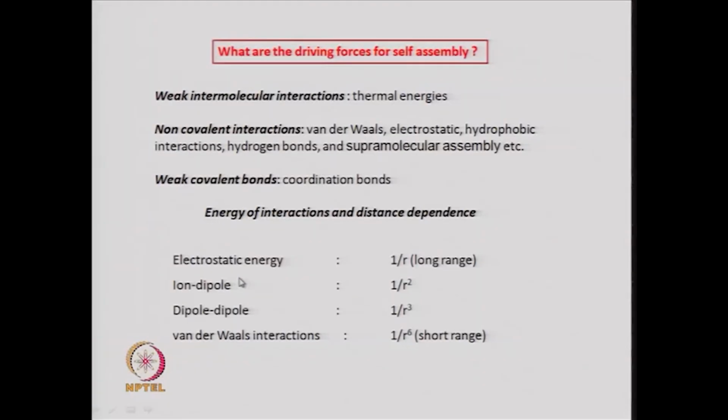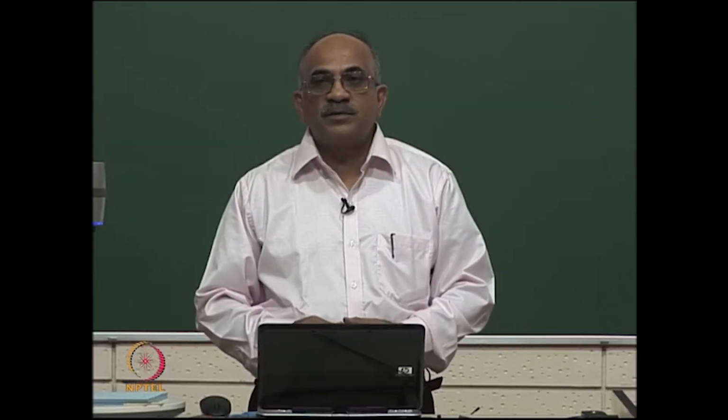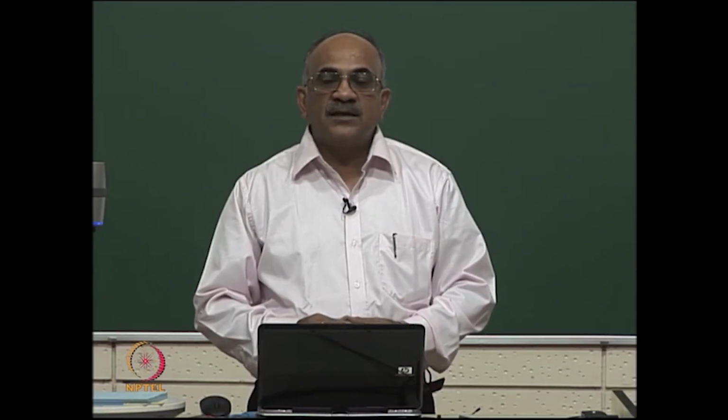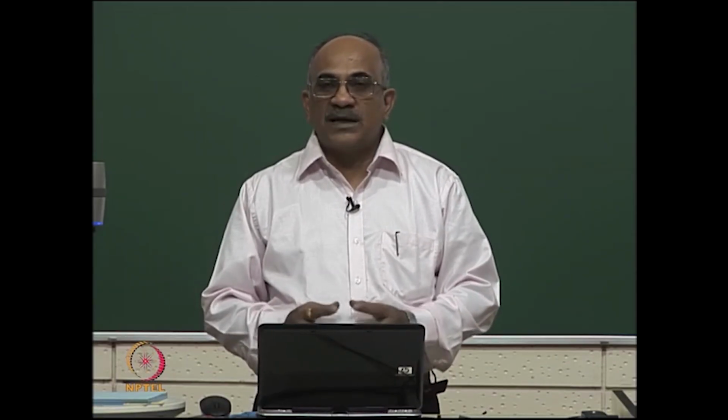For example, the electrostatic energy, which comes under non-covalent interactions, is proportional to 1 by r, where r is the distance between two species which are trying to come together.